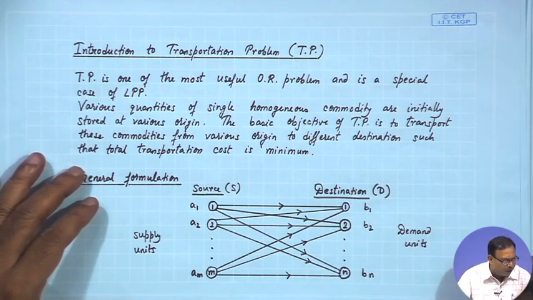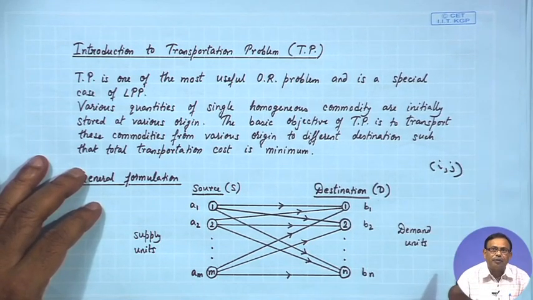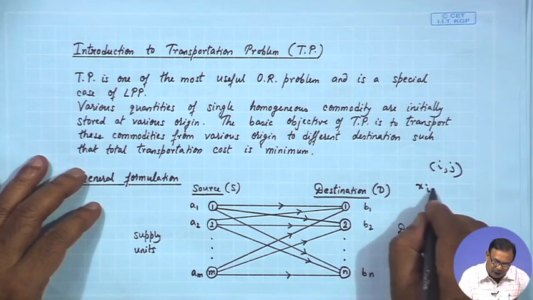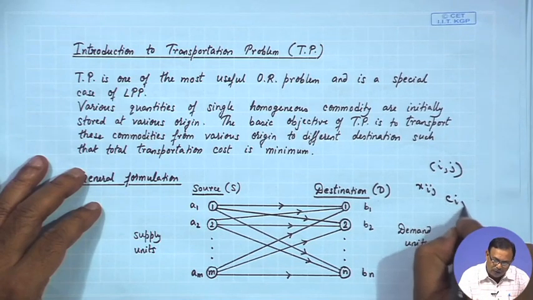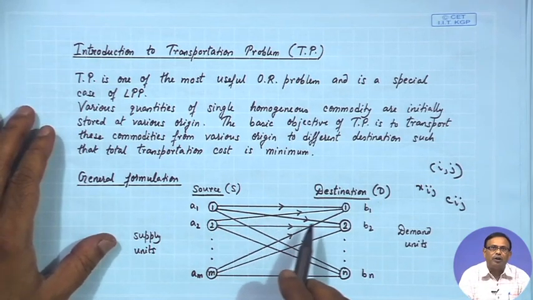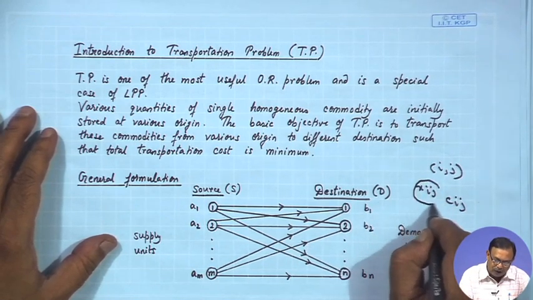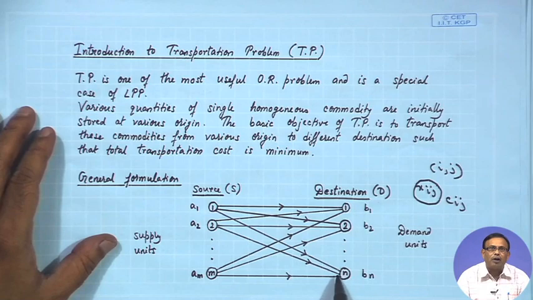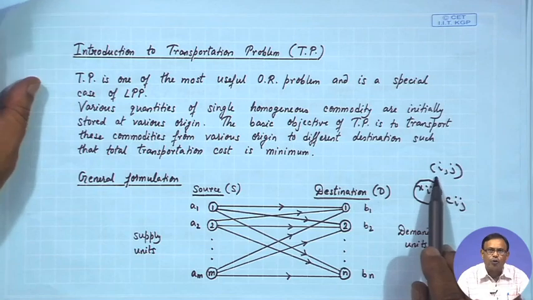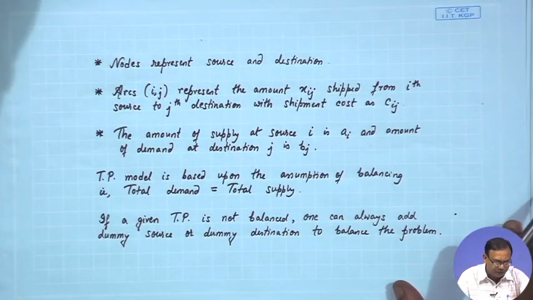Whenever I go from the ith source to the jth destination, we transport a quantity x_ij and the associated cost will be c_ij. So, you will transport a certain quantity of the product from source to destination, and there will be a certain cost associated with transporting x_ij quantity from the ith source to the jth destination, which we define by c_ij.